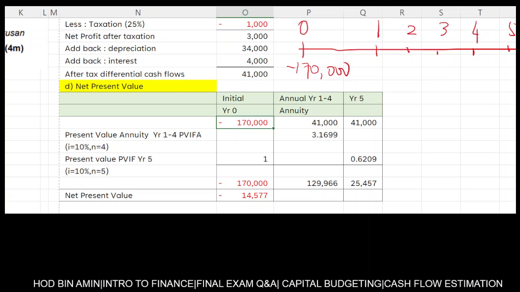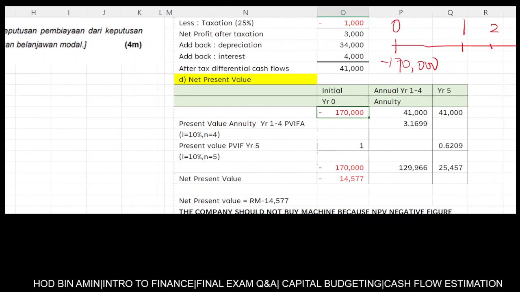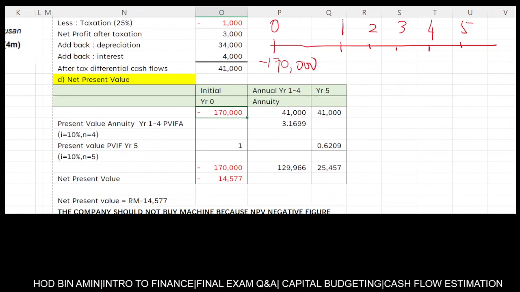So every year we get this 41,000, and this is the annuity. So we use the annuity table, PVIFA.